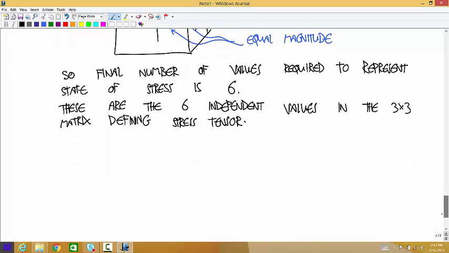Okay, let me give you the final definition of the stress tensor. Well, first, what are the units of stress? We're talking about forces divided by areas.